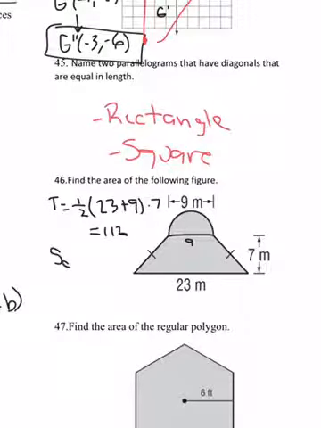And then the semicircle, and we'll say 1/2 times pi times 4.5 squared. Remember, 9 is the diameter, and 4.5 is the radius.